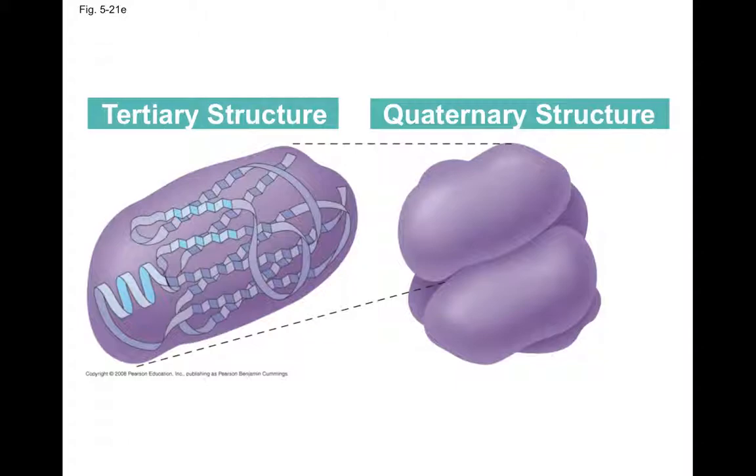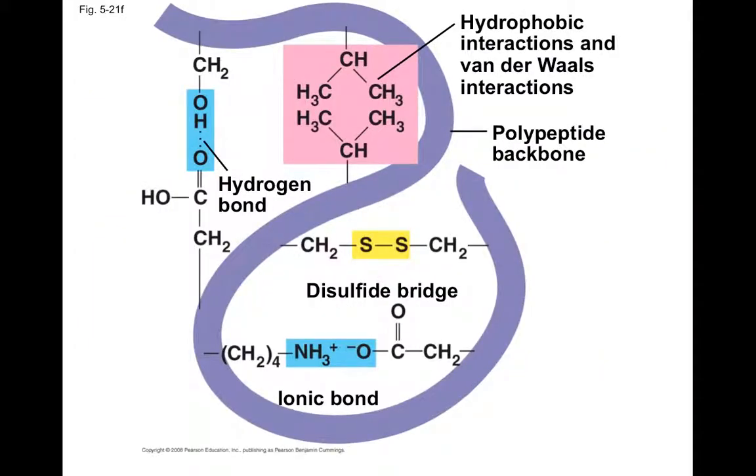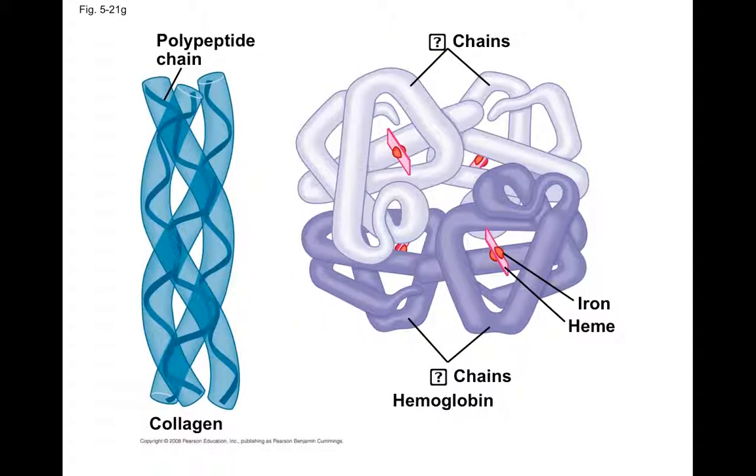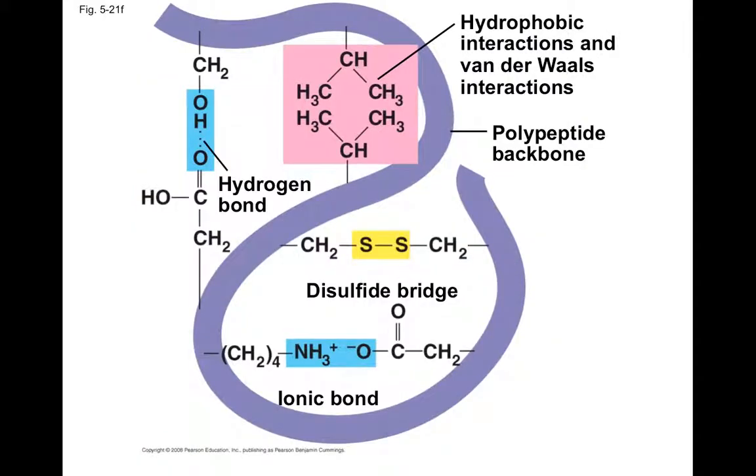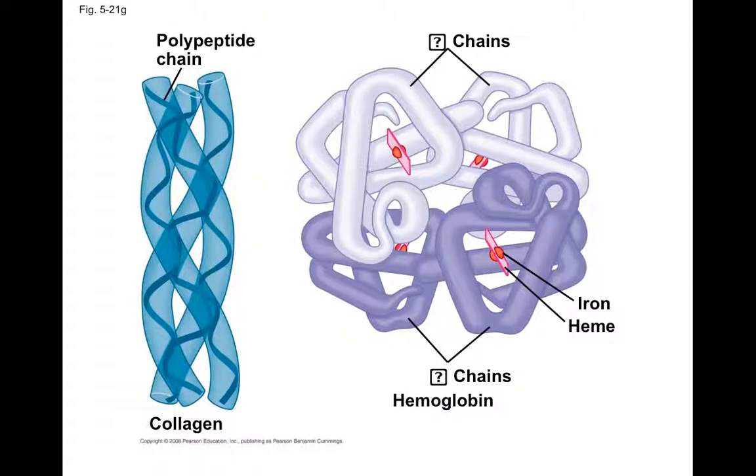Okay, now we're moving from tertiary to quaternary. So here's an example. Like I said, you have whole new strands that are coming together, so it's the interactions between those that make an even bigger protein. So for example, collagen has three different strands.